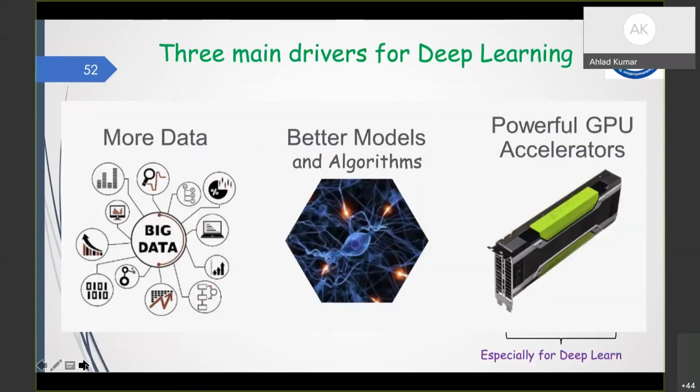So the three main drivers that you require for doing deep learning tasks start with the data. You have to have a large amount of data for doing machine learning or deep learning tasks, and then better models and algorithms to implement or process this data. And one of the most important things required, without which it's not possible to do any deep learning task, is an efficient GPU, a graphical processor.